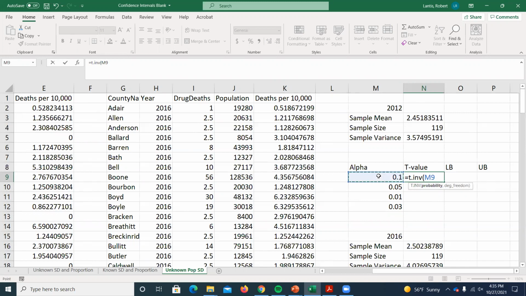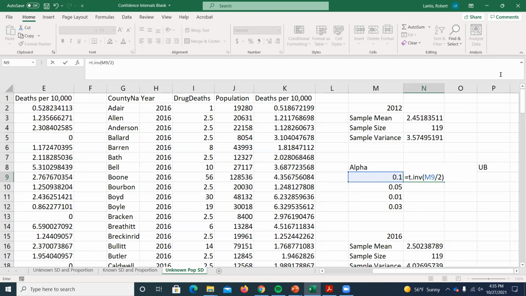So the first thing I have to tell it is the area that I want in each tail, or on each side of my confidence interval, which is alpha over 2. I had this up here earlier, but just as a visual reminder, what we're really doing there is looking for these t-values that give me alpha over 2 in each tail.